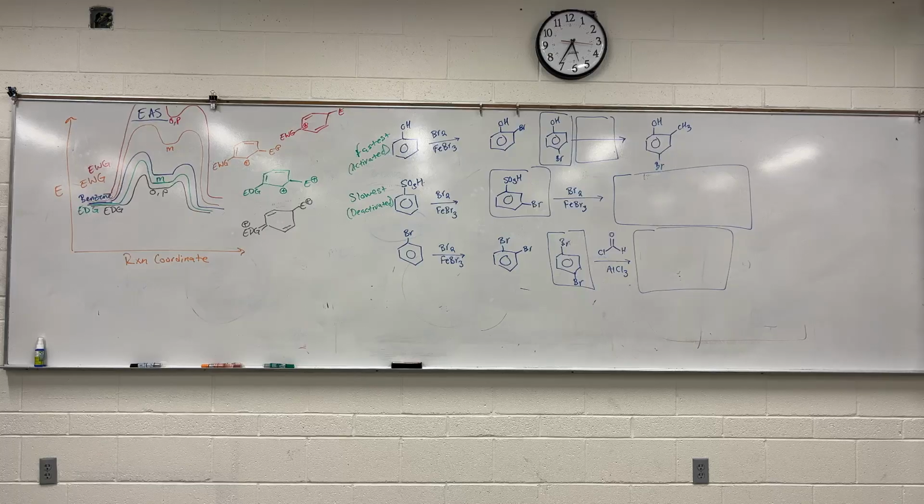So actually, the halogen has a stronger impact on where the next group goes. These are both deactivators, but this is less of a deactivator, so it will decide where the thing goes. It will stabilize the intermediate the most. This will not stabilize the intermediate. So does that change your answer?